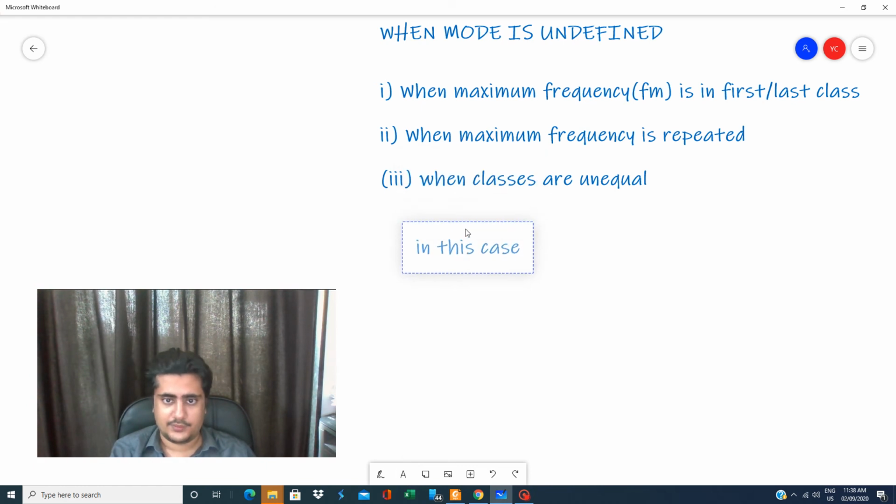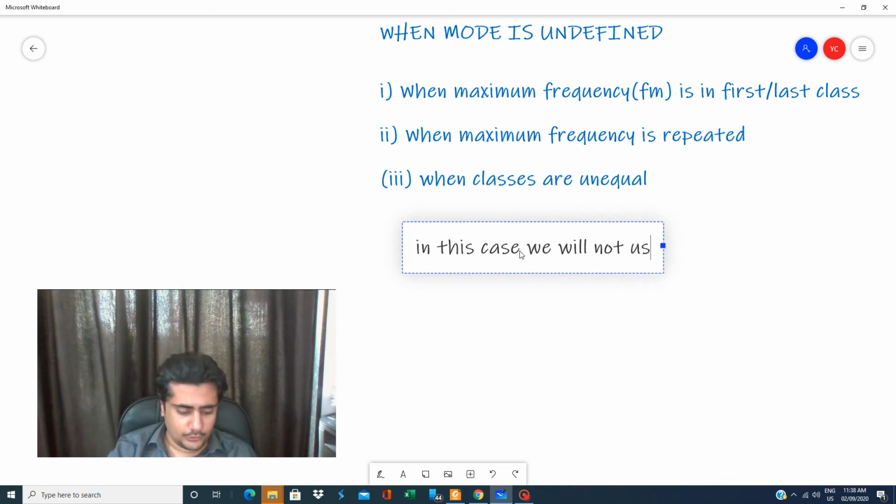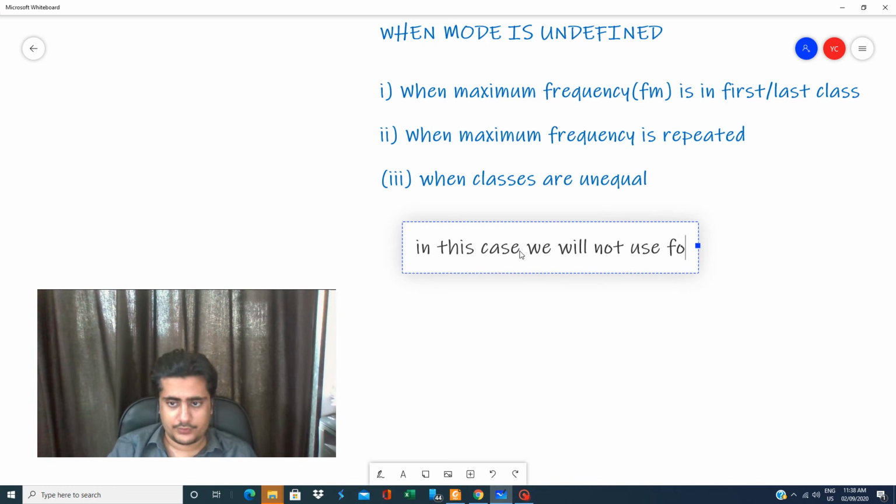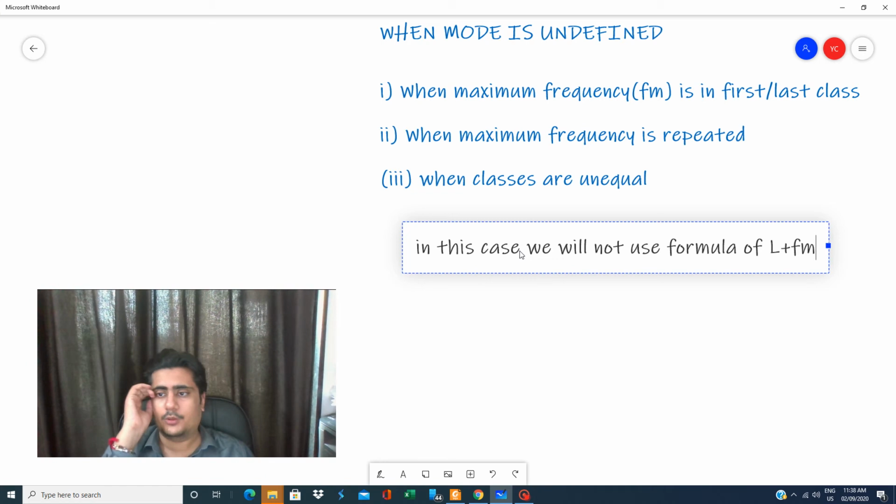In this case, we will not use the formula of L plus Fm minus F1 upon 2Fm minus F1 minus F2. You all know that formula. In this case, we will not use that formula.